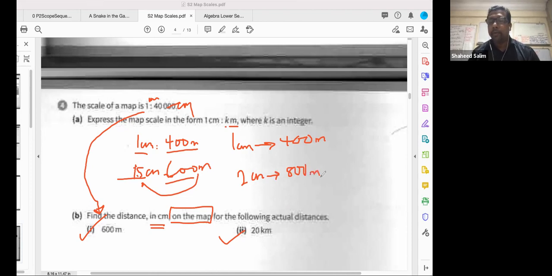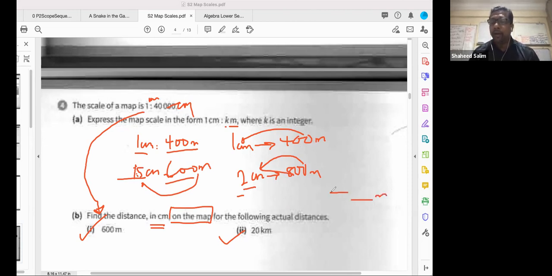How to get? Ask yourself how to get this number from here to here. You got to divide by 400. 800 divided by 400 gets 2. 600 divided by 400, you get 1.5. Are you okay? Now this one, you must change it to meters.